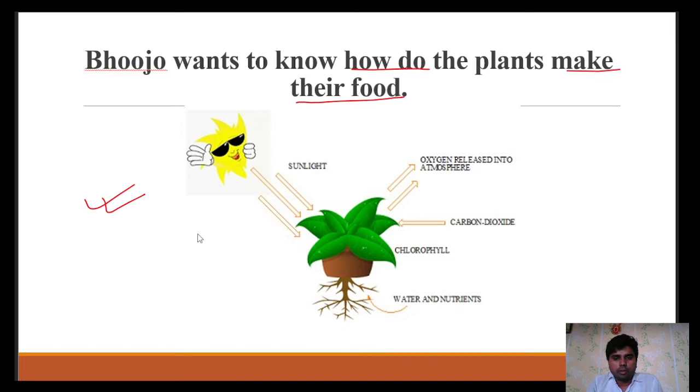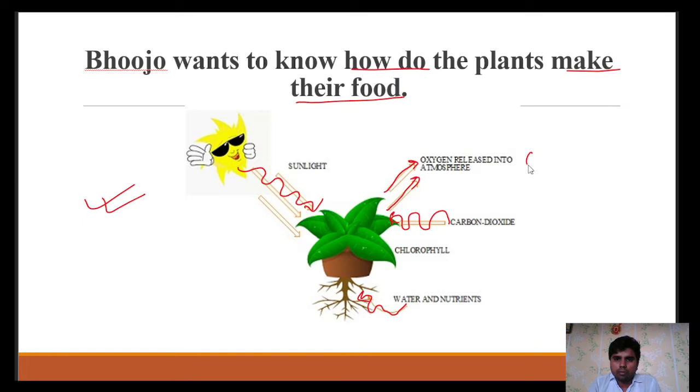Yes, so students, you can see that this plant is getting some sunlight from the sun, carbon dioxide from the air, water and nutrients from the soil. And the arrow that is going away from the plant is oxygen.